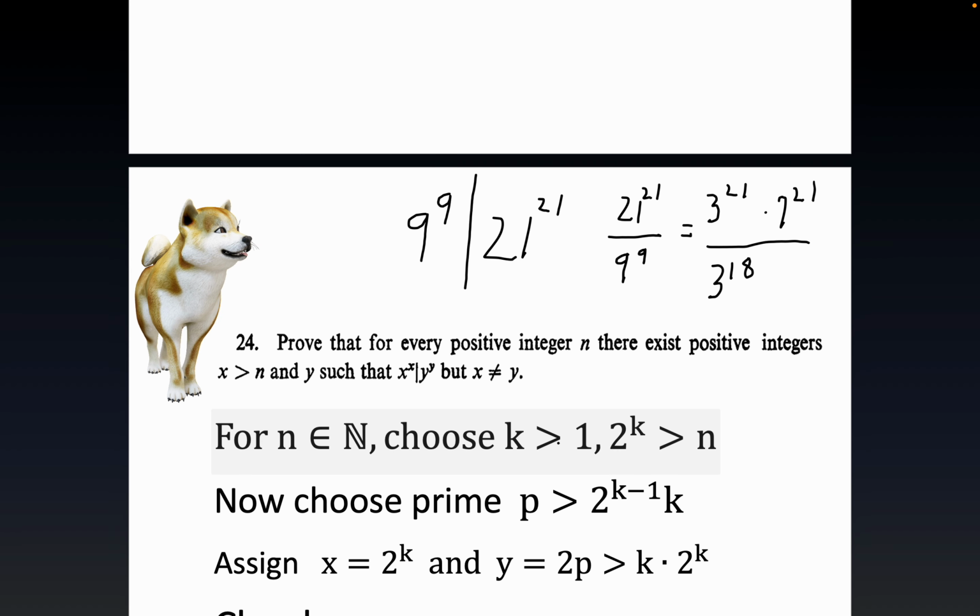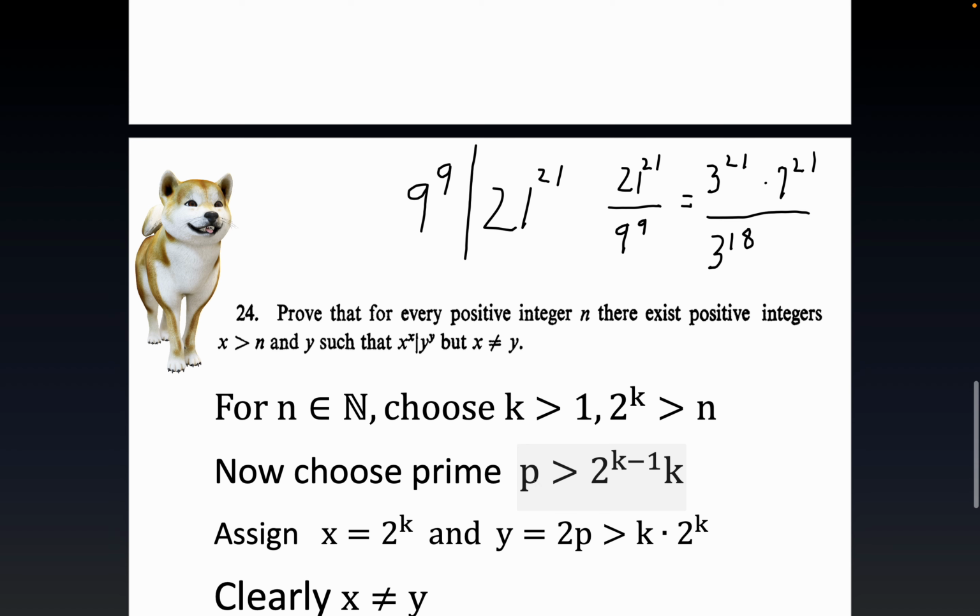Now we're going to choose k greater than 1, and you'll see why that's important later on. It took a lot of discovery for me to get this, but you choose a k greater than 1 such that 2 to the k is greater than the n that you specified. Now it seems kind of complicated, but once you see why it's that way, it's really fairly easy. Now you select a prime p that is greater than 2 to the k minus 1 times k. Remember, this was the 2 to the k that was larger than the arbitrary n.